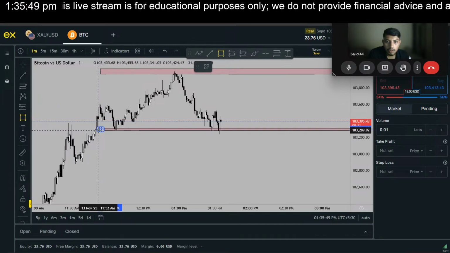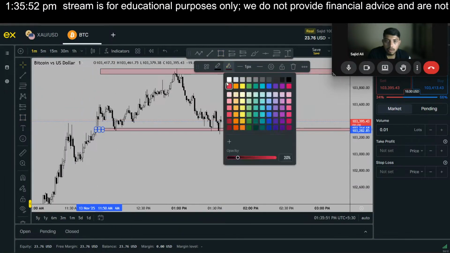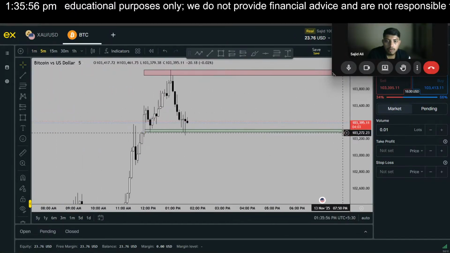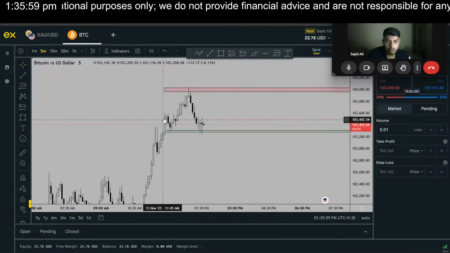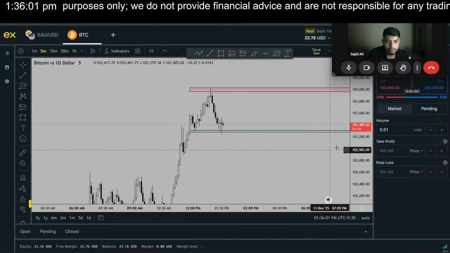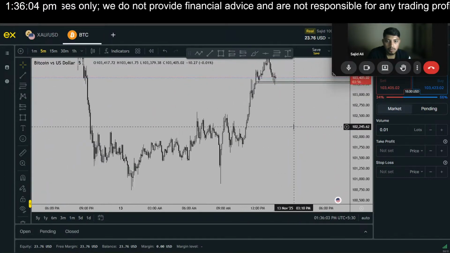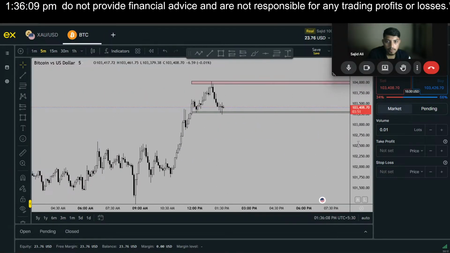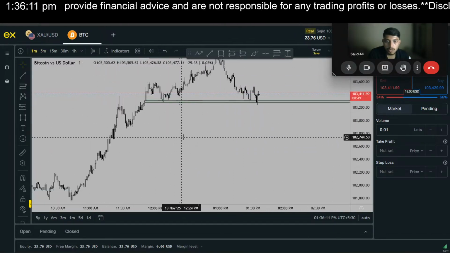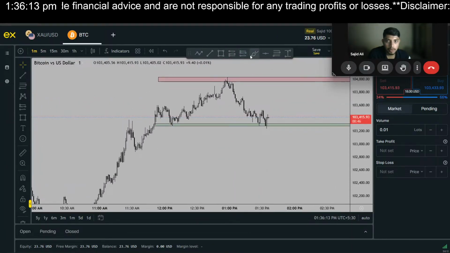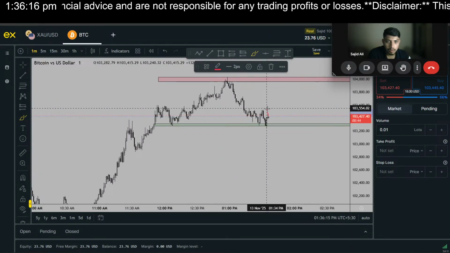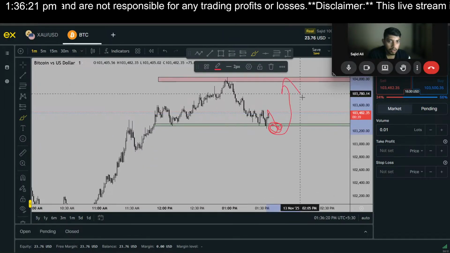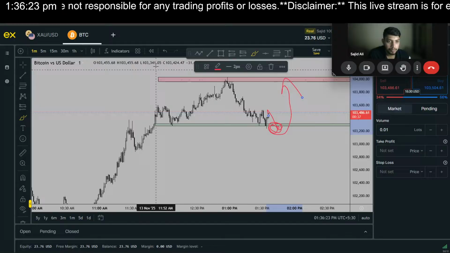In Bitcoin, there is a support here. But not a good swing. We need good swings in 5-minute time frame. Keep an eye on Bitcoin also. Even in Bitcoin, if it comes a little bit up, breaks this resistance, the support level closest to the candle, then we can aim for this resistance level here.